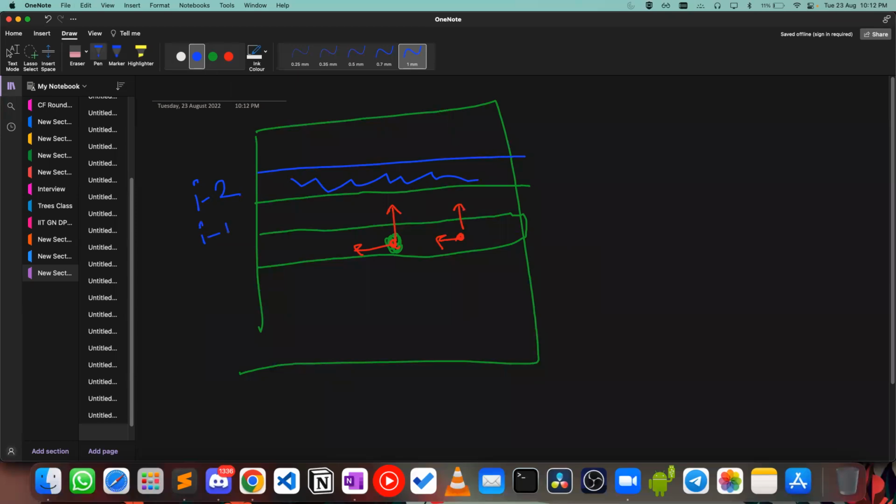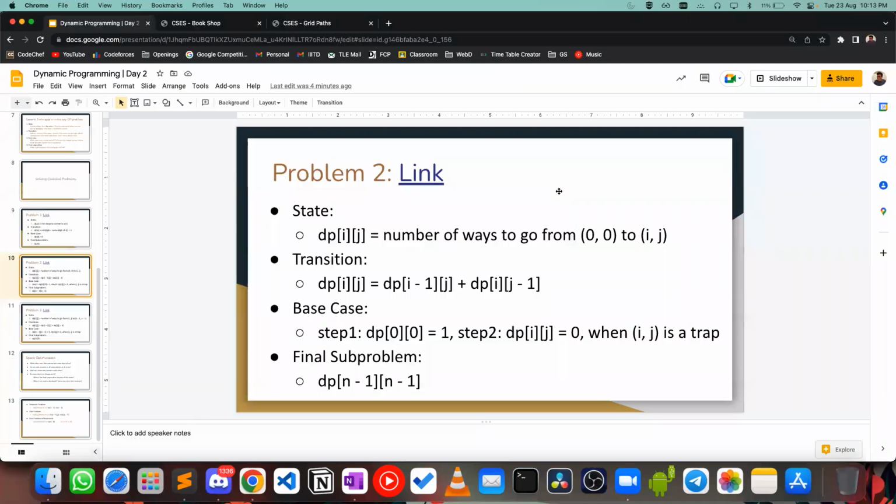This is the i minus 1th row. This is the ith row. To evaluate the dp states of the ith row, will I ever need the answers of the i minus 2th row? That's the question. No, right? So that's how we can save some space. We don't need all of these rows. We only need just the previous row. Fine. So I hope this makes sense.